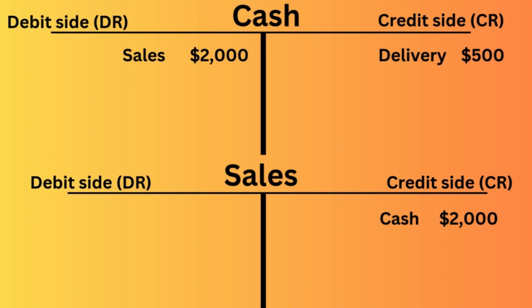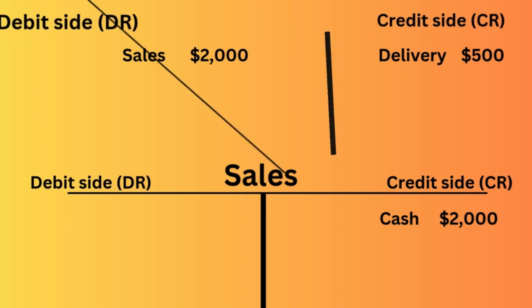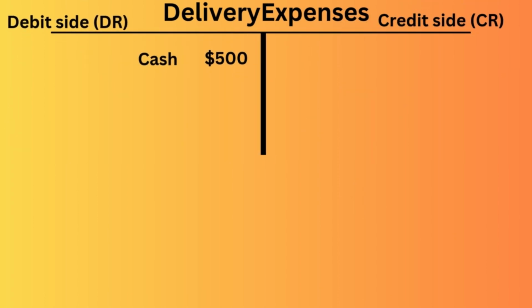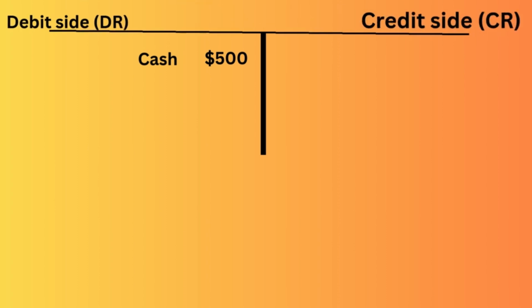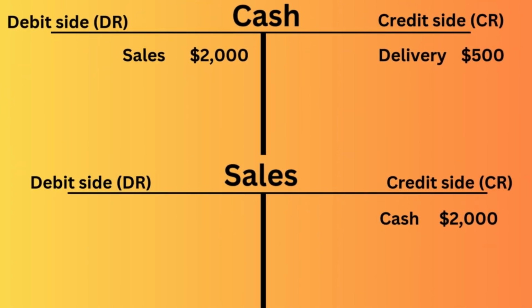The point of increment in the sales account is on the credit side. While the delivery expense is also debited. It's debited because the expenses in the company has increased by $500. And we know that expenses account is a debit entry account, meaning the point of entry is on the debit side. And so we need to record the $500 on the debit side while we credit cash with $500.